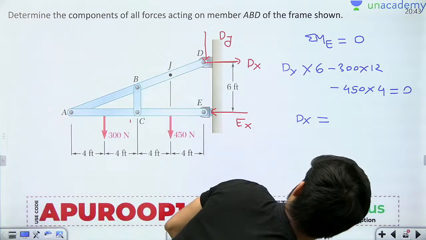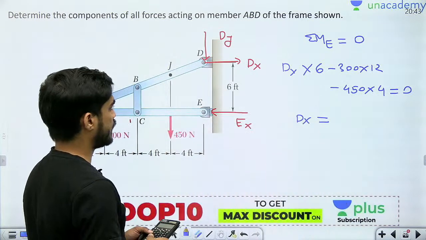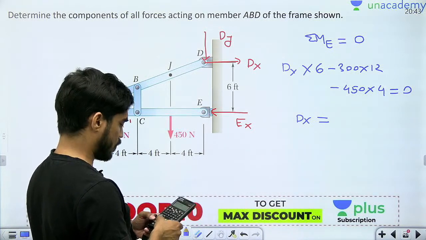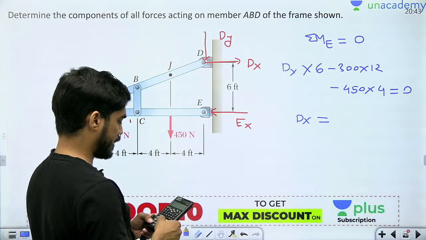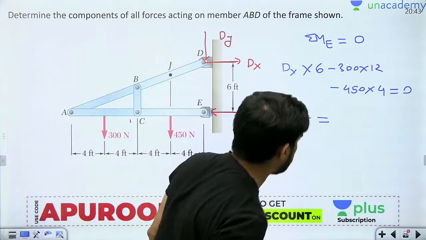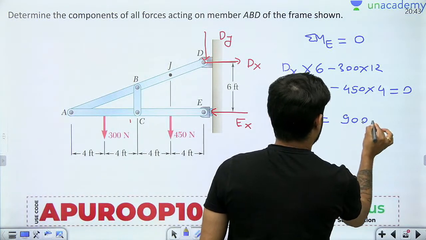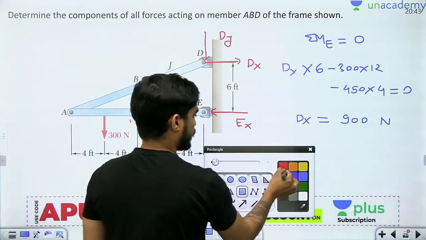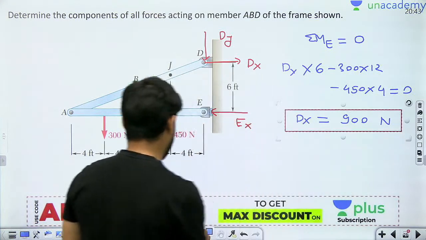So how much is DX coming? 300 into 12 plus 450 into 4 divided by 6. So DX is 900 Newton.